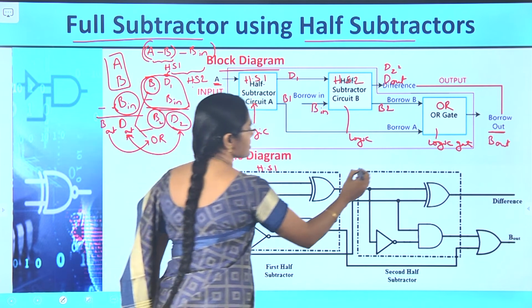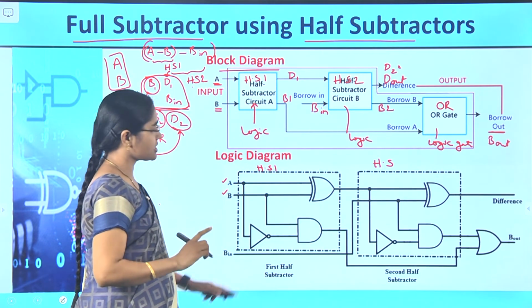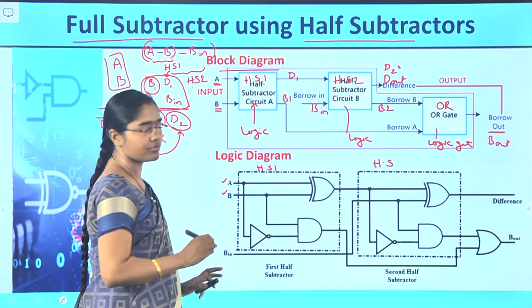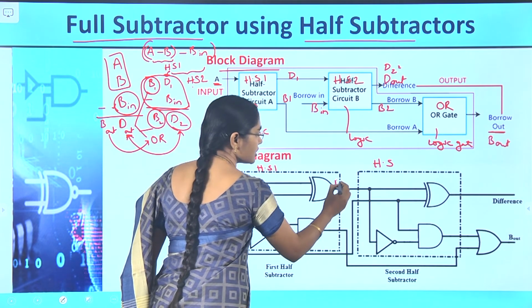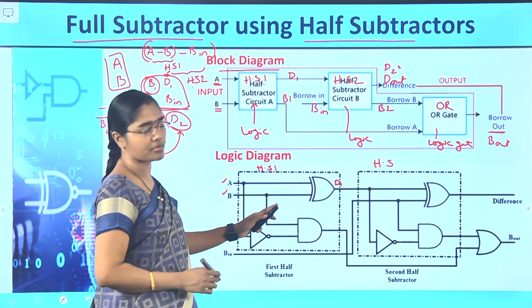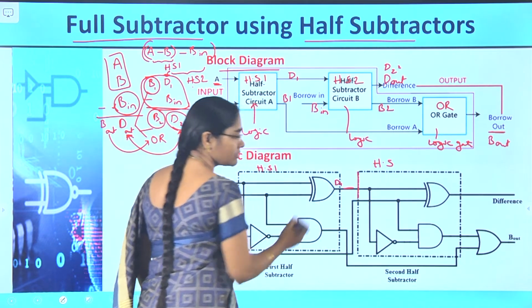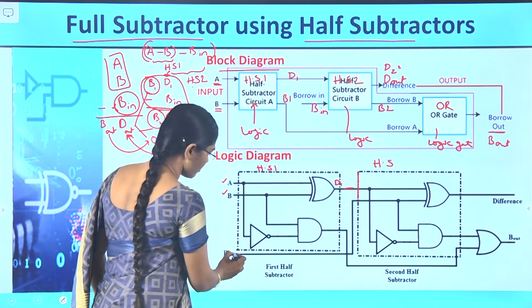And the second half subtractor has inputs: one is borrow in, and the other is the difference from the first half subtractor, which is the XOR gate output of the first half subtractor. So the inputs for the second half subtractor are D1 and borrow in, B in.